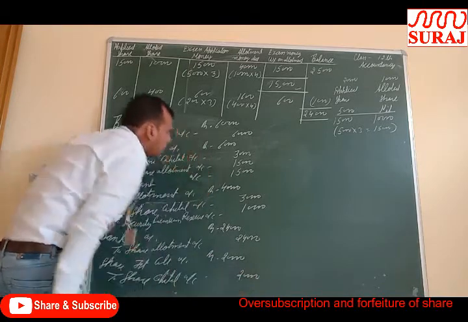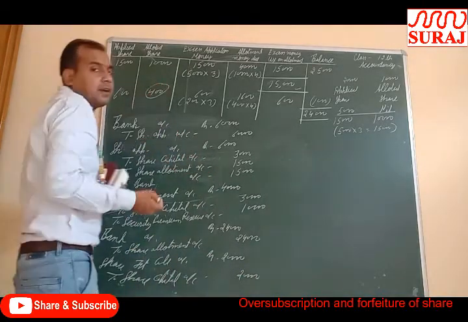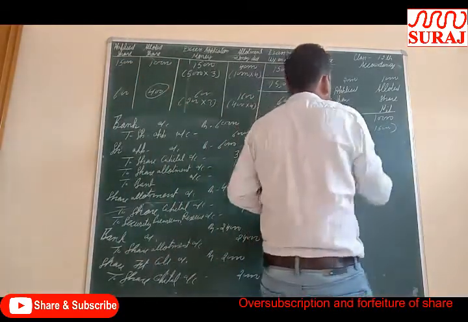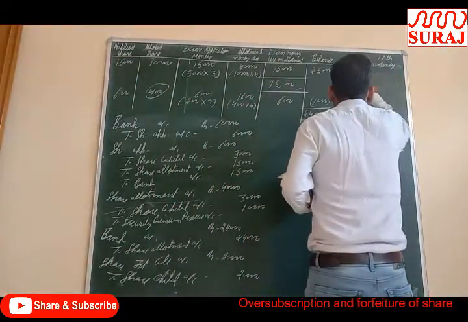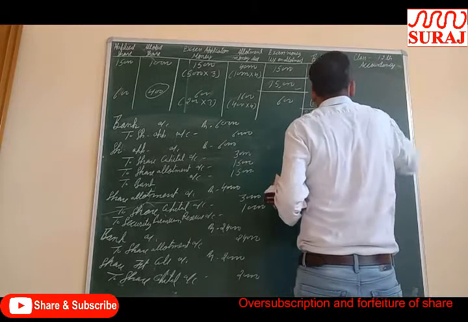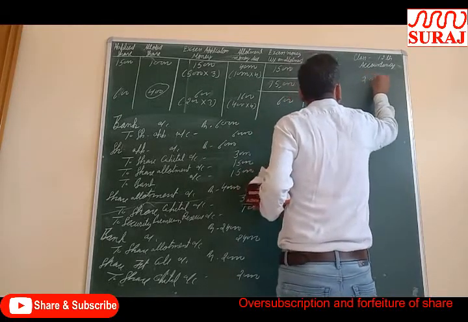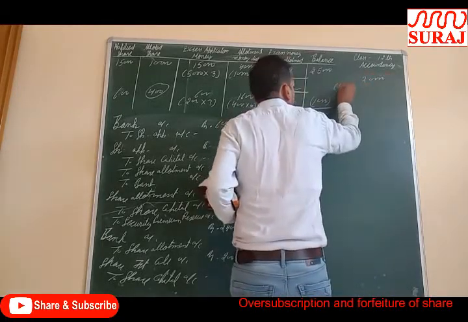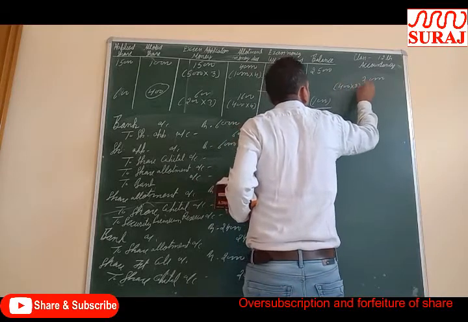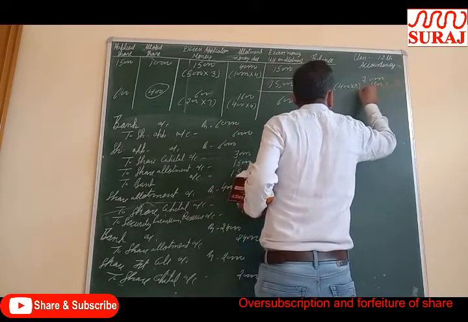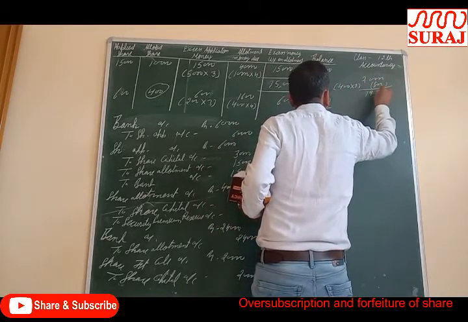What amount will be received? 400 shares do not pay the first call money. Then calculate the amount. Amount due ₹20,000. On one share ₹2 not received, and on 400 shares ₹800 will not be received. Then amount received ₹19,200.